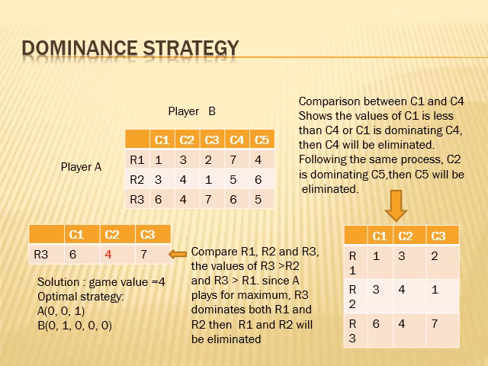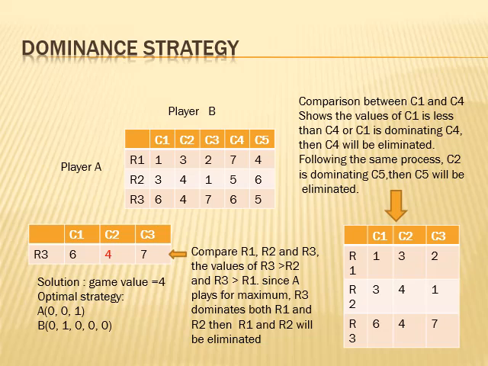Look at C1, you will see that 1 is less than 3, but 3 is more than 4, and 6 is more than 4 also. So the comparison between C1 and C2 doesn't satisfy the rule of dominance.